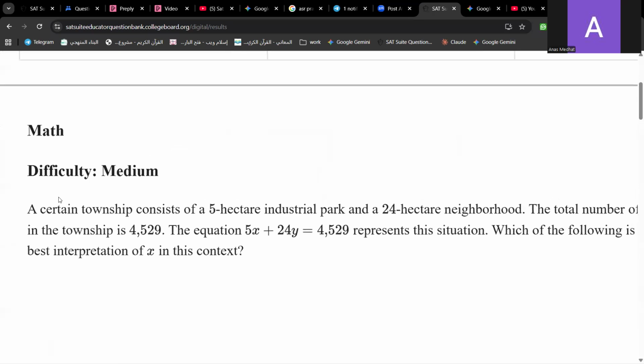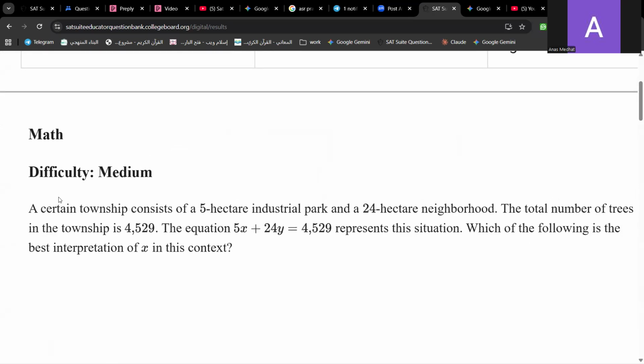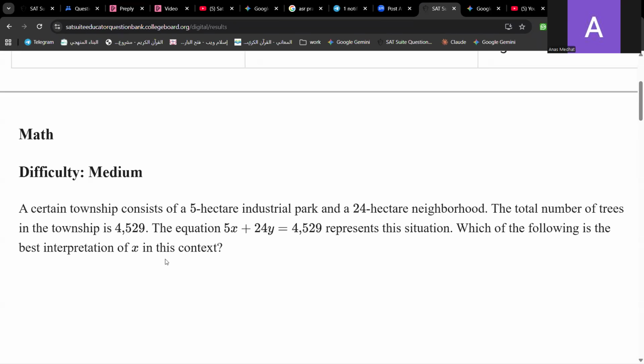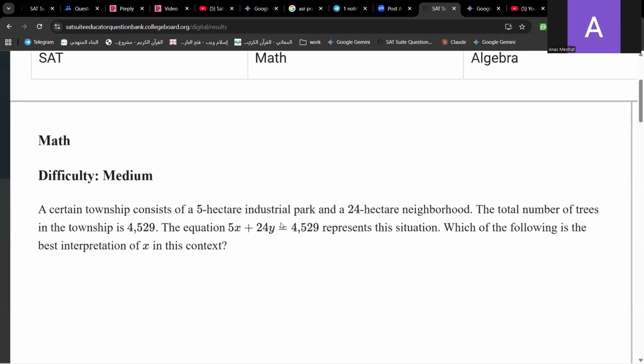A certain township consists of a 5-hectare industrial park and a 24-hectare neighborhood. The total number of trees in the township is 4,000. Here is the equation that represents it. Which is the best interpretation for x in this context? x is for the 5-hectare industrial park, so it's the number of trees in the industrial park for each one.